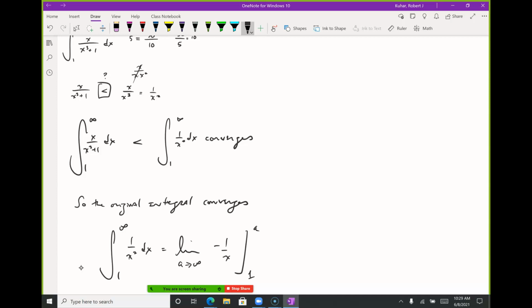The derivative of 1 over x is 1 over x squared, so the negatives will cancel. And so then evaluate this at a and evaluate it at 1. And then I need the limit, right? And of course that limit goes to 0.